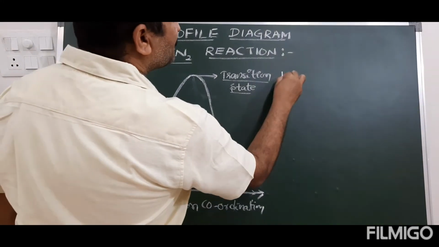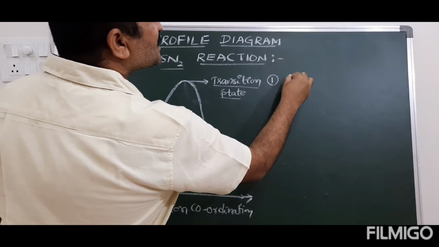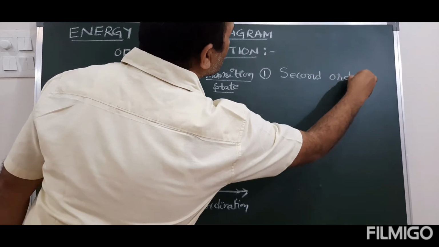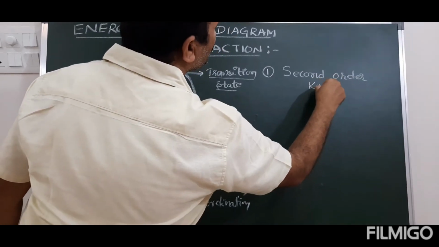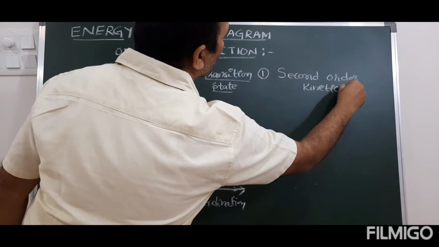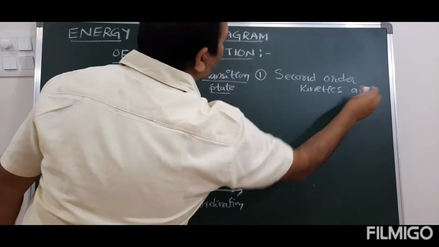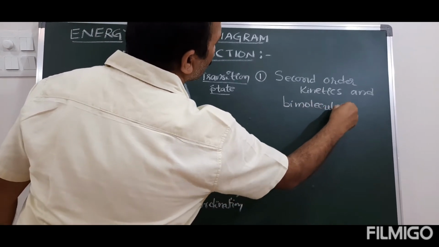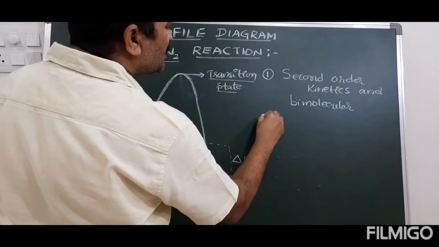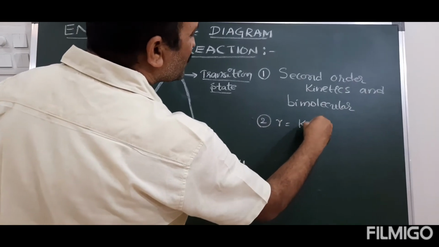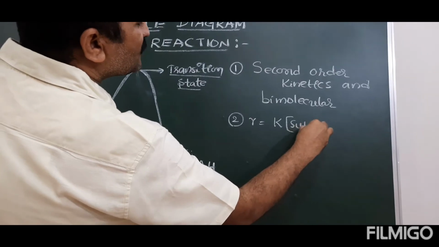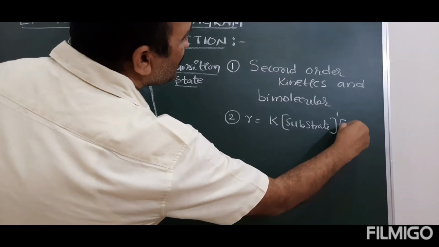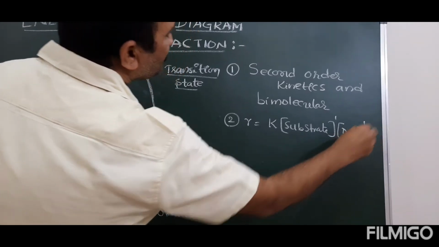Number 1, SN2 reactions follow second order kinetics and are bimolecular. Second, the rate expression is equal to K into the concentration of substrate power 1 and the concentration of the nucleophile power 1.